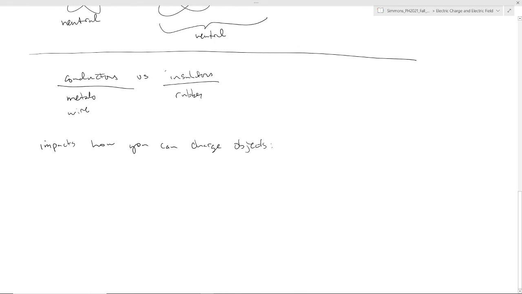But with regards to conductors and insulators in terms of how you can charge objects, let's give a little example here. If you have some metal object, a conductor, that has a net charge and you touch it to another object that's neutral, but that is a conductor, imagine this one's negative.